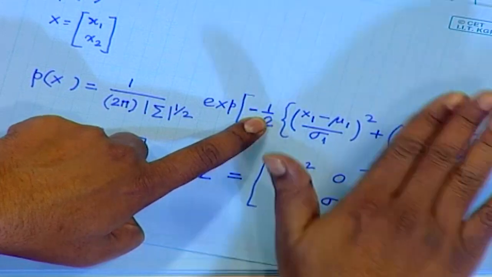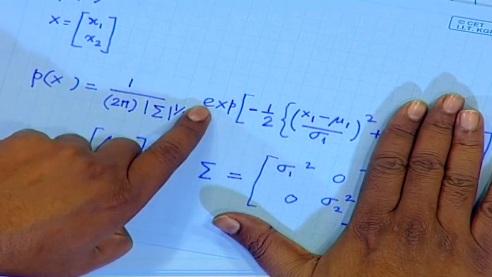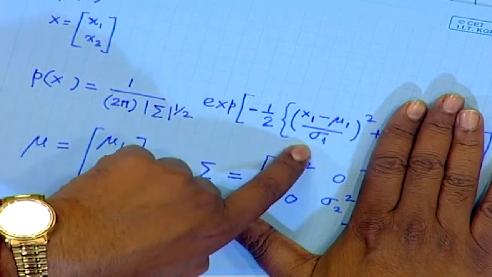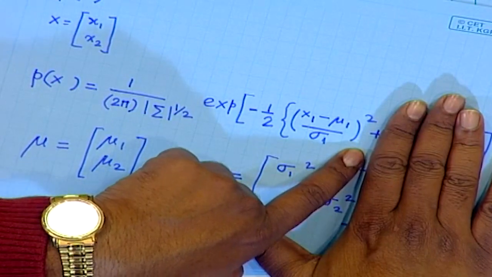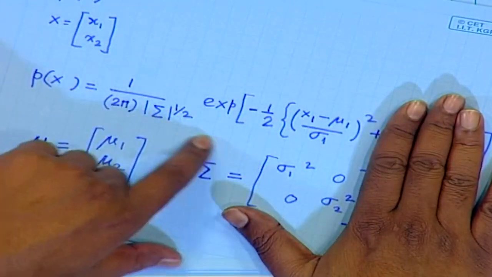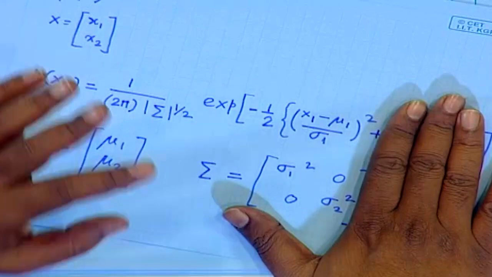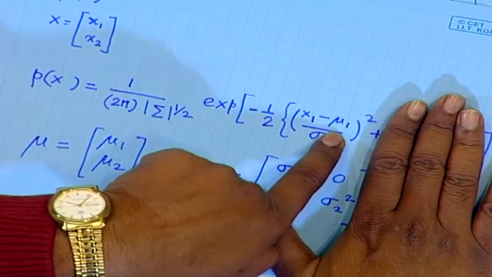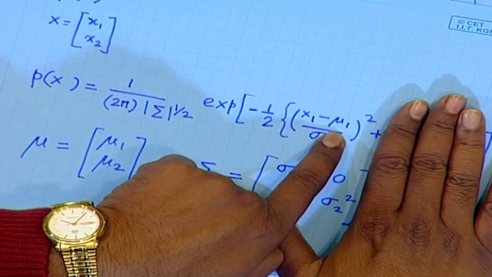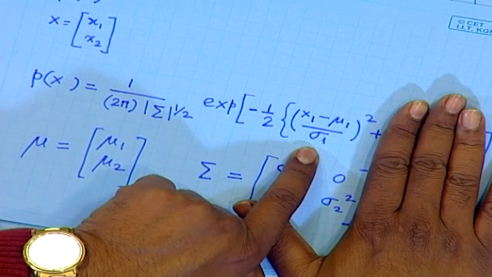When I consider only the first part, this is actually a normal density along the x1 direction with a mean value mu1 and standard deviation sigma1.